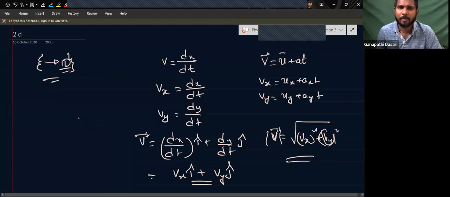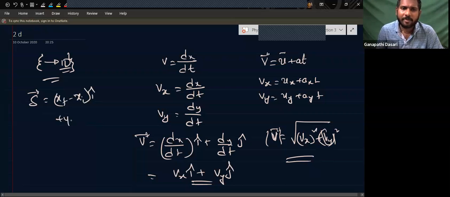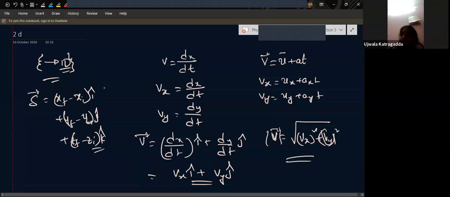In a similar way, the displacement vector s is equal to x final minus x initial into i cap plus y final minus y initial into j cap plus z final minus z initial into k cap. Like that, simple extension will be done.